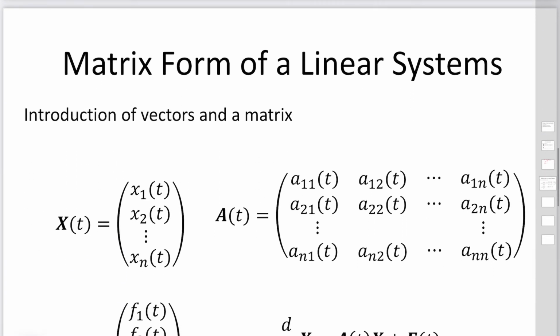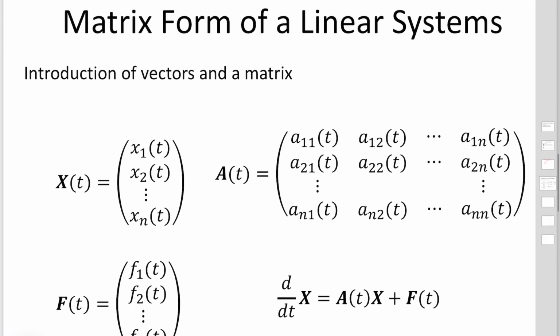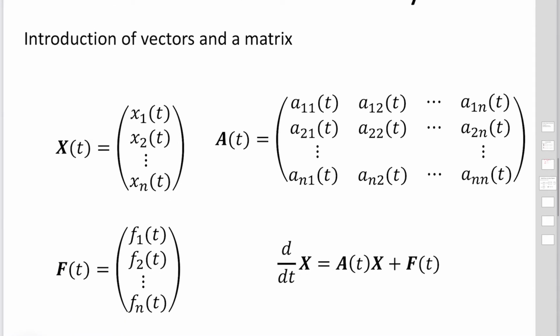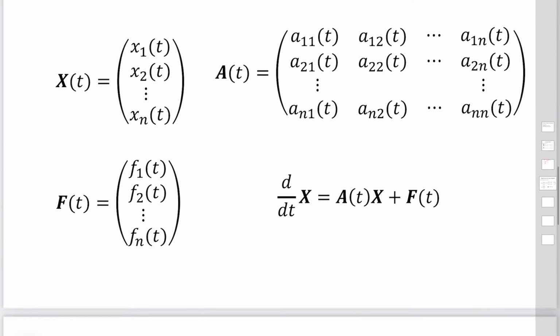Actually, we could write such equations in the matrix form of our linear systems. So we introduce vector quantities and a matrix. The vector X is expressed as x sub 1, x sub 2, up to x sub n. So the vector capital X has n components, from x sub 1 to x sub n.